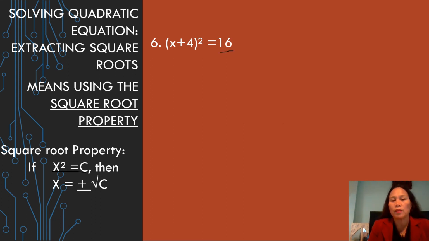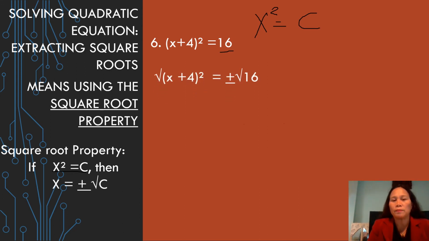Which means, nasa ganitong pattern na siya. Yun nga lang, may kasama siyang number here. But it doesn't matter as long as that's something squared. So now, we are going to extract the square root of this.